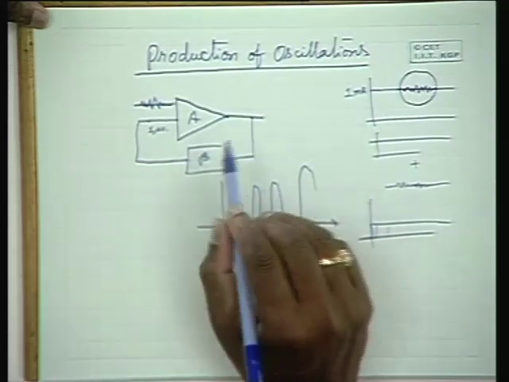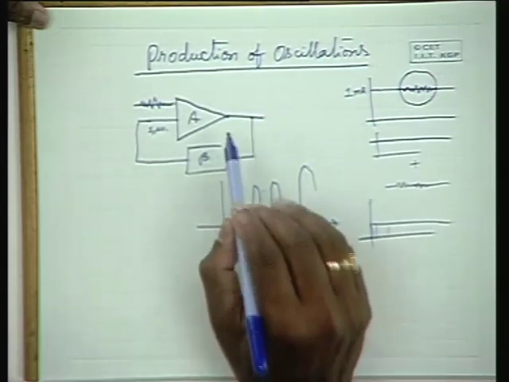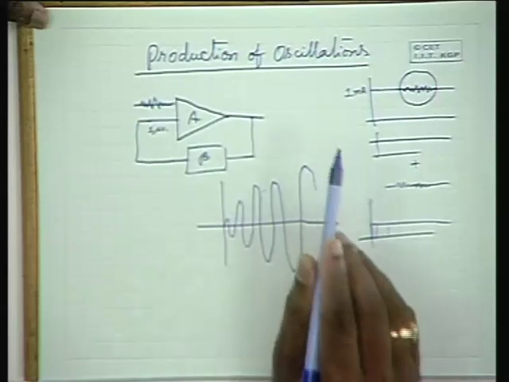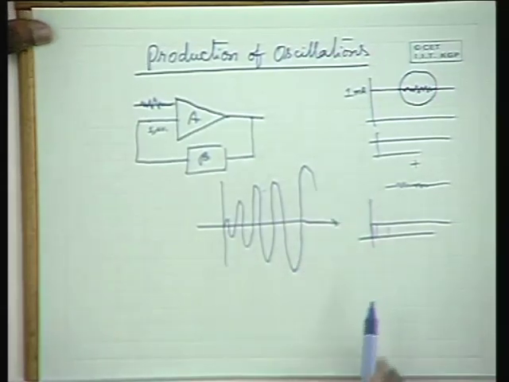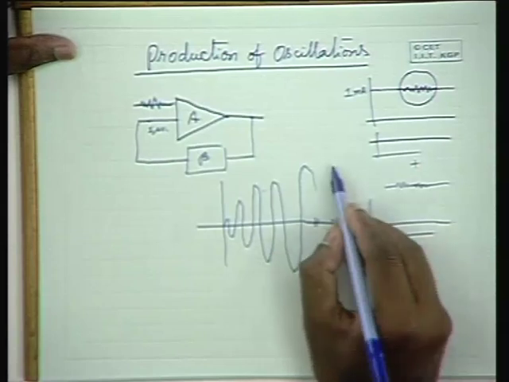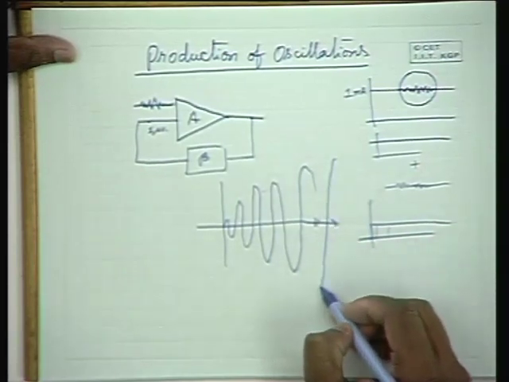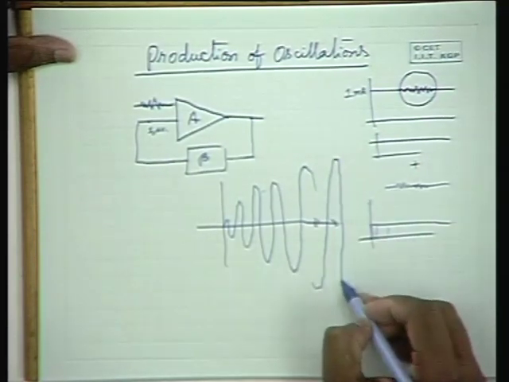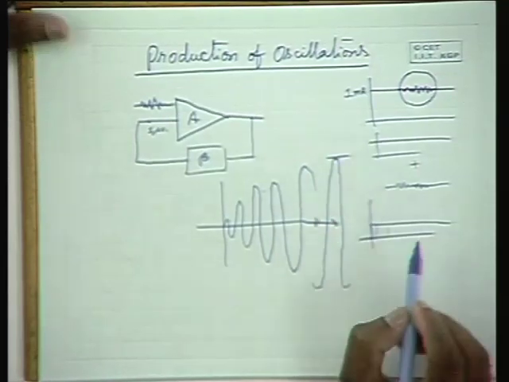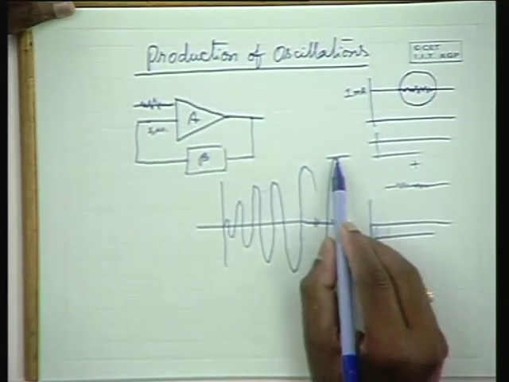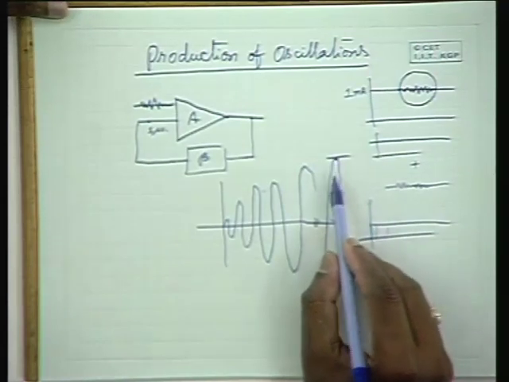Now, if A beta is slightly larger than 1 to start with, then the oscillations build up, and after some time the oscillation amplitude rises up to a certain level, and if it further goes beyond the VCE of the amplifier, can the output voltage go beyond VCE? What happens to the output oscillations?